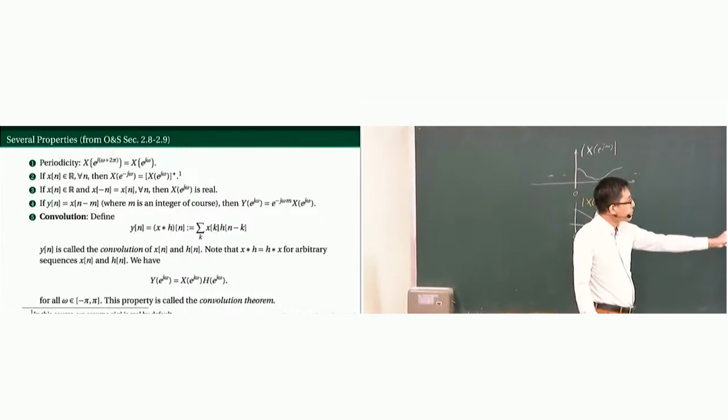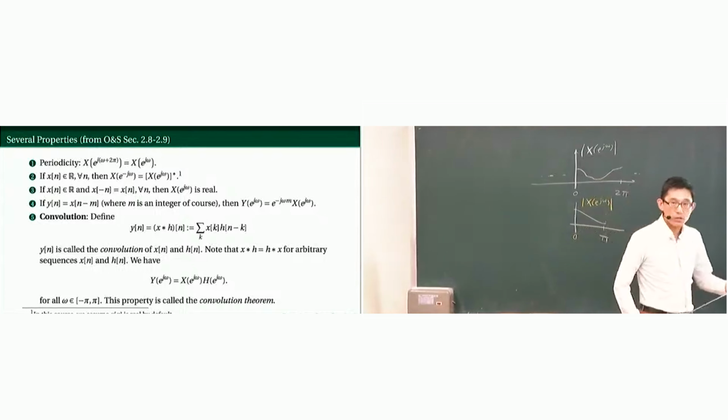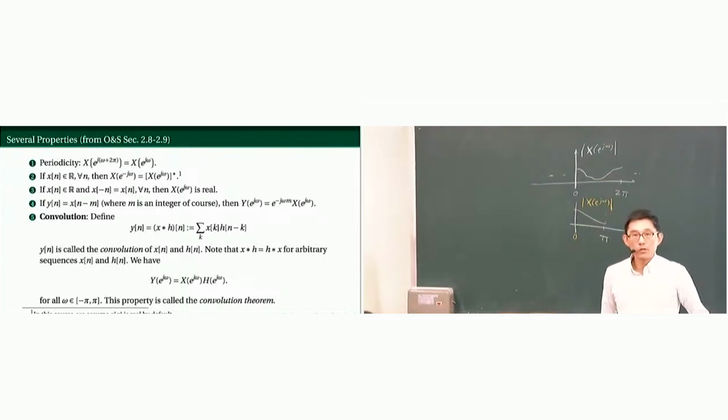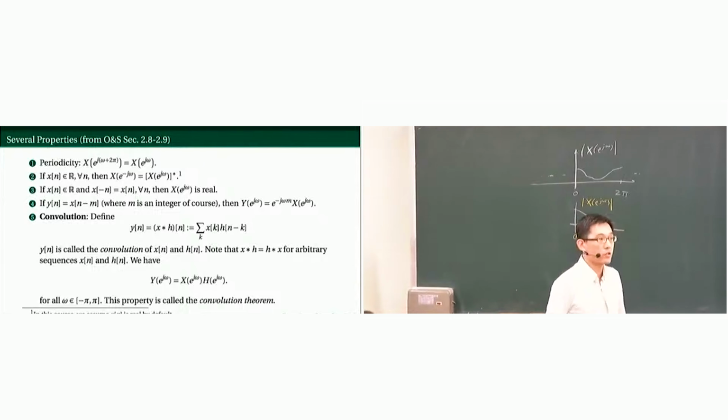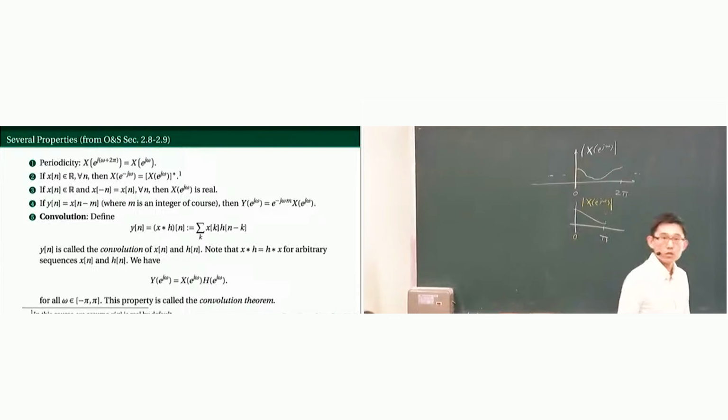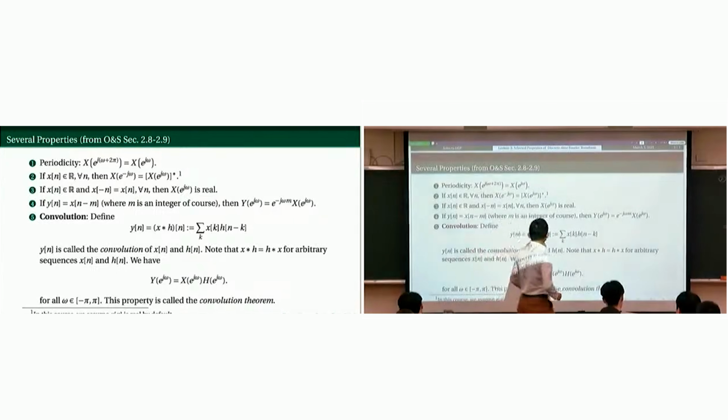But how about symmetry in the time domain? We know that in the Fourier transform, a lot of times we have a property in the time domain and the equivalent property in the frequency domain. You can call it duality, 对偶性, this duality. So if we have a symmetry property in the frequency domain, how about in the time domain?